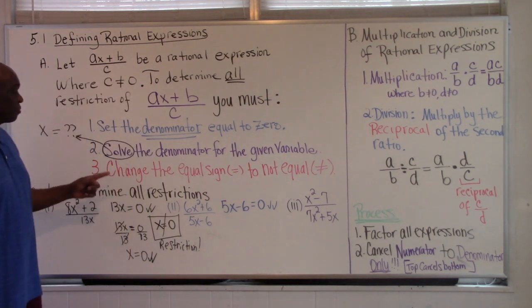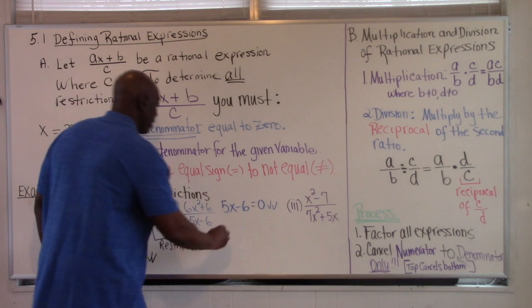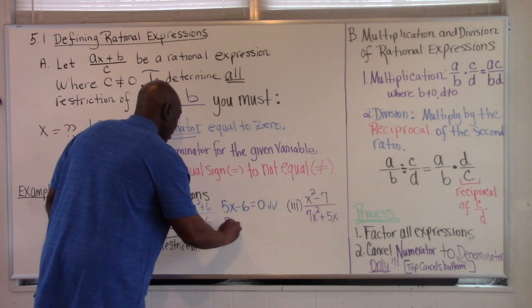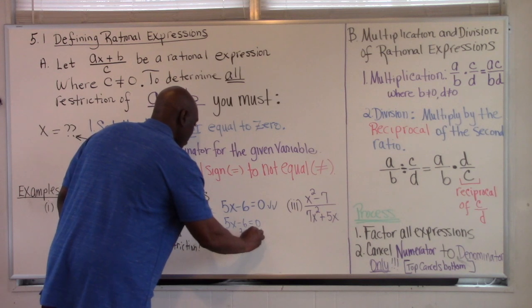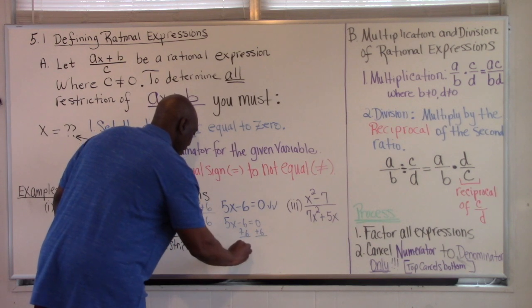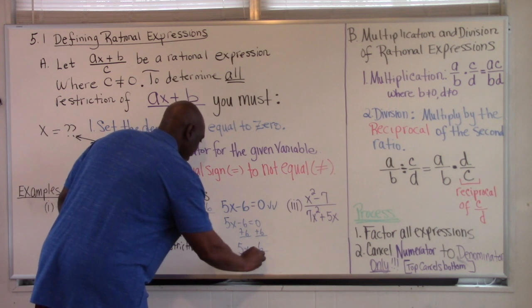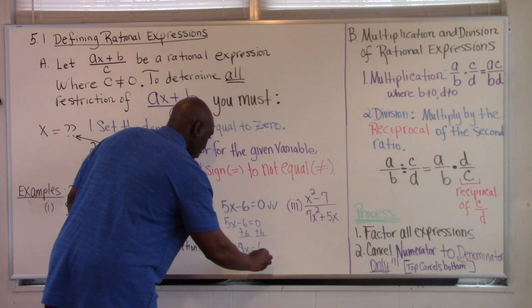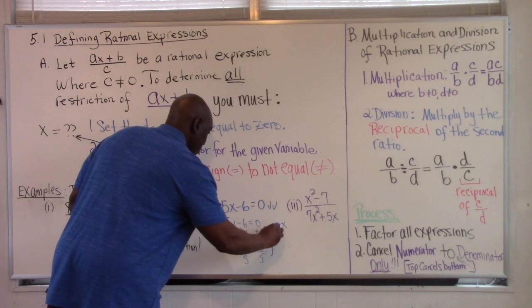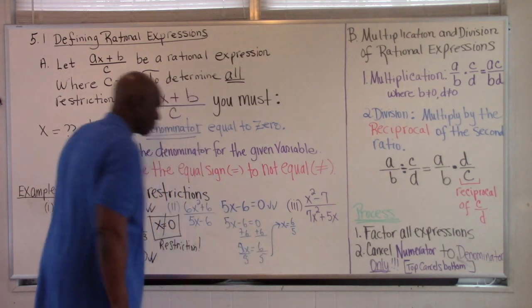Step 2. Solve the denominator for the given variable. All right. 5x - 6 equals 0. Add 6 to both sides. I'm going to get 5x equals 6, and then divide both sides by 5. 5's cancel out here. I'm going to get x equals 6 divided by 5.